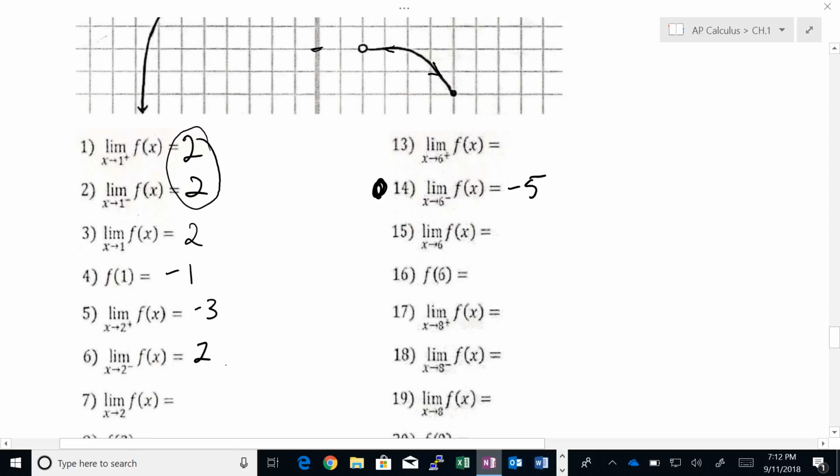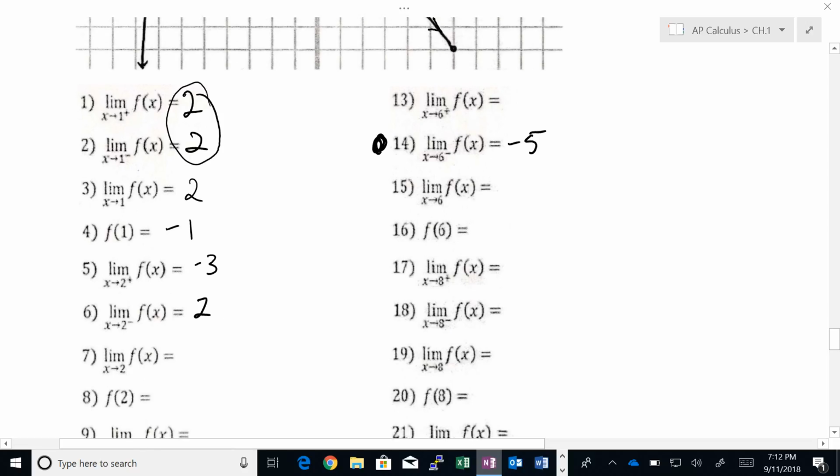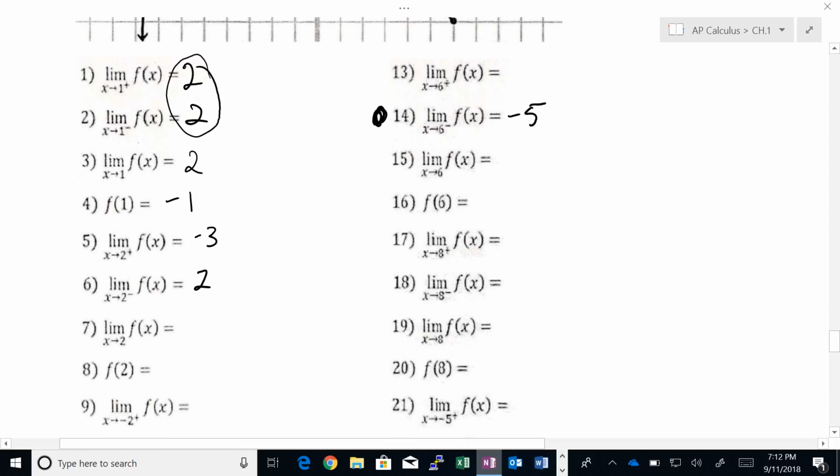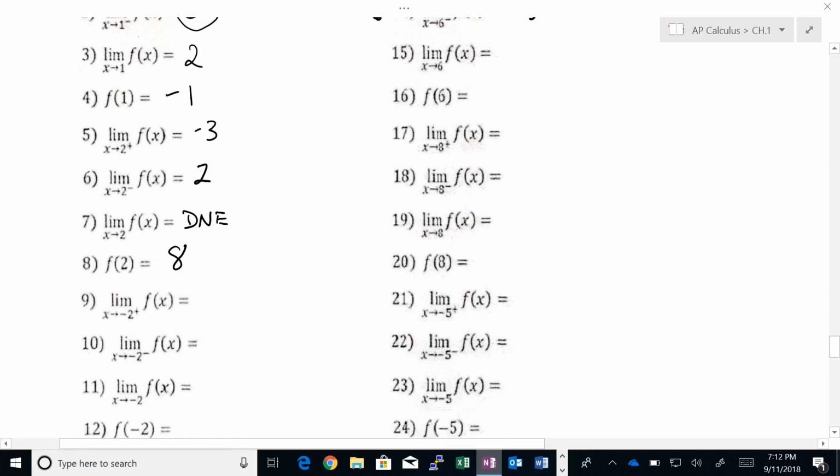Okay, I'm just going to fill these in for you guys. And we can go back, and if you have any questions on them, you can ask. This one does not exist. F of 2 is 8. 2 from the right is 2. Negative 2 from the left is 4.